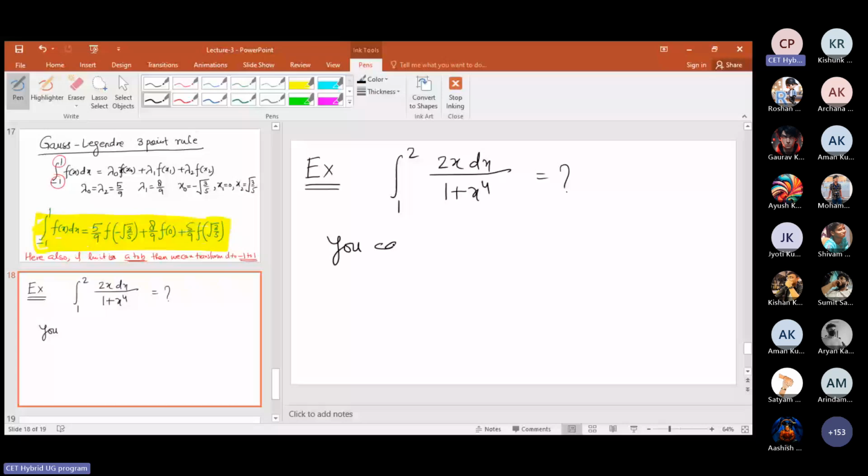We shall solve it in tomorrow's session, but you can try it. Notice carefully the limit is 1 to 2. Okay, so you can try it.